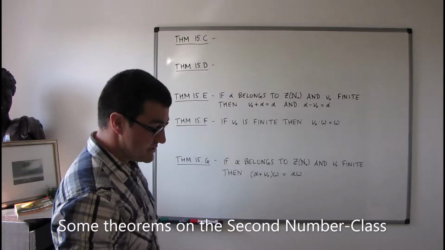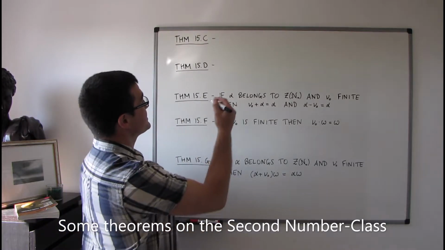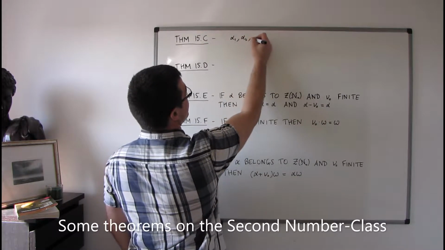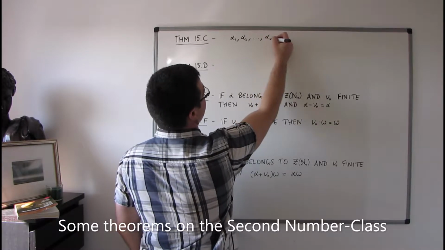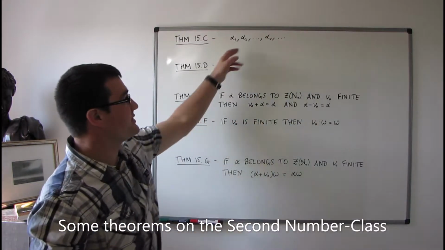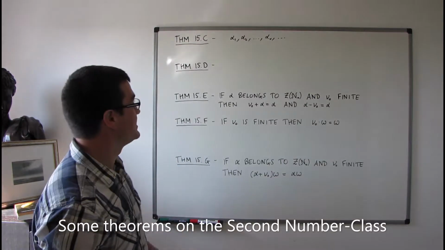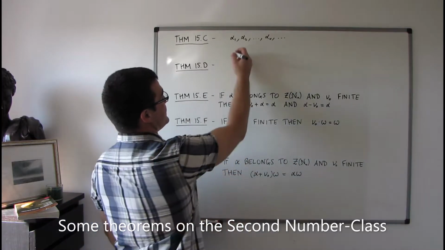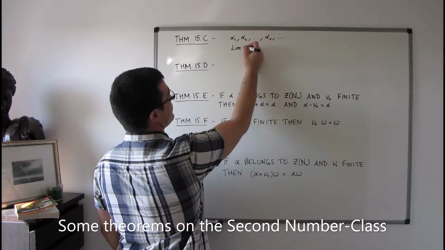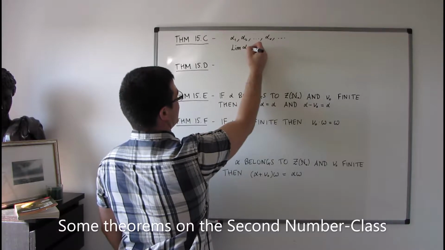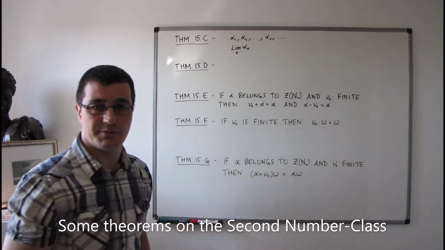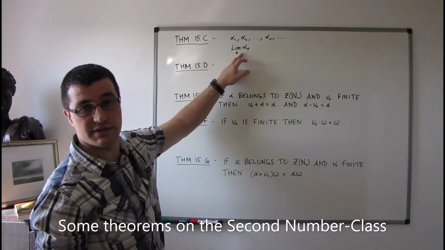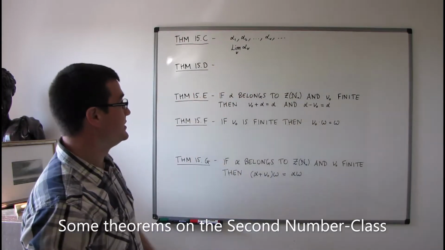So theorem C relates to fundamental series of ordinal numbers. So if we take a fundamental series of ordinal numbers from the first or the second number class, so it could be a mixture of both, it doesn't make any difference, then what we can say is that the limit function, the limit ordinal, and remember this by what we saw in the previous video, this is a definite ordinal number in and of itself, this limit ordinal.